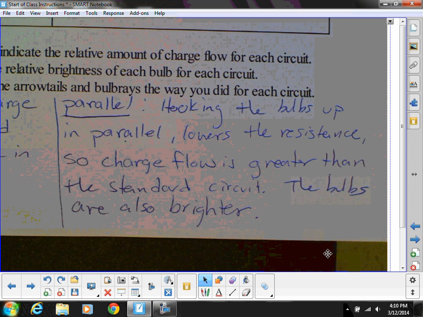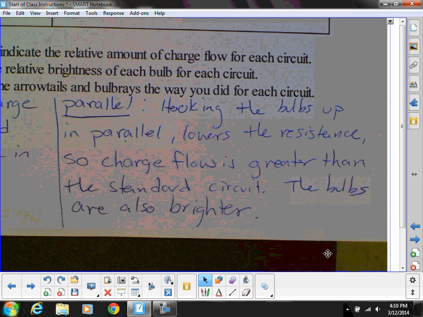Okay. The bulbs don't get brighter in the parallel circuit as you add more bulbs. It's just that they themselves are brighter because of how they are connected when they're connected in parallel compared to the standard circuit, which has 2 bulbs in series. Remember, when things are in series, we get greater resistance than what we do for when things are in parallel.